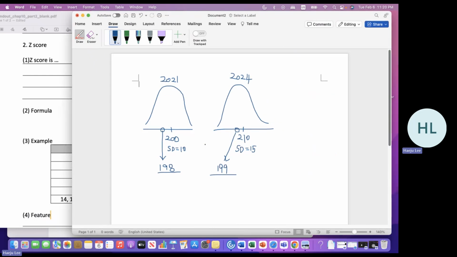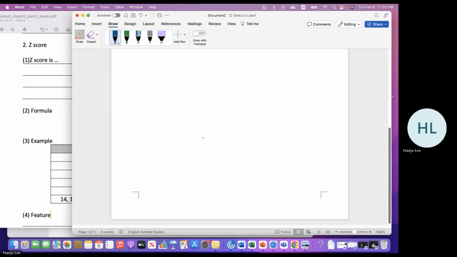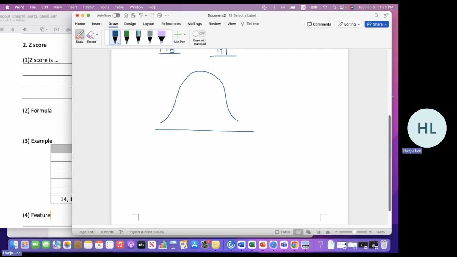For example, as I mentioned before, this is the math score 2021, and the mean is 200, and one standard deviation from the mean is 10.